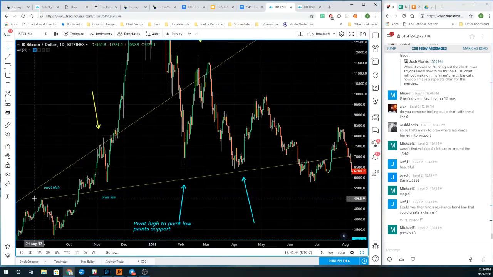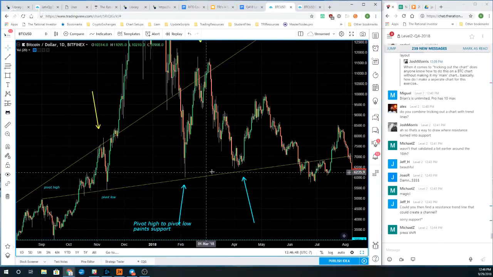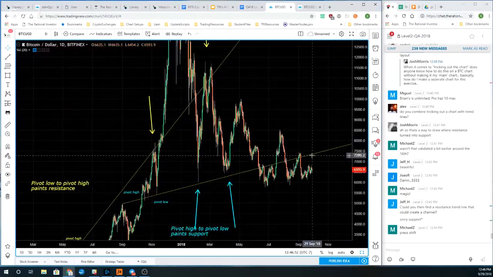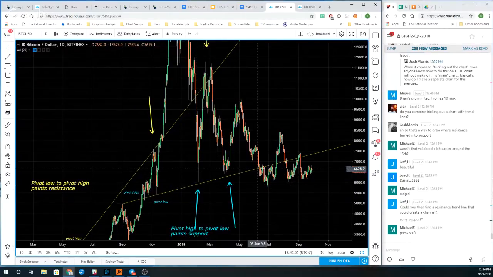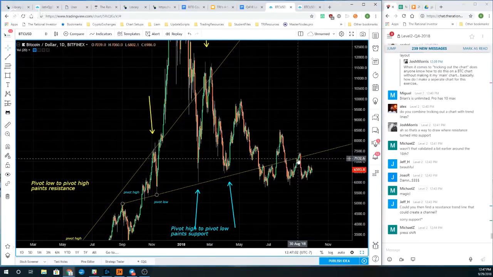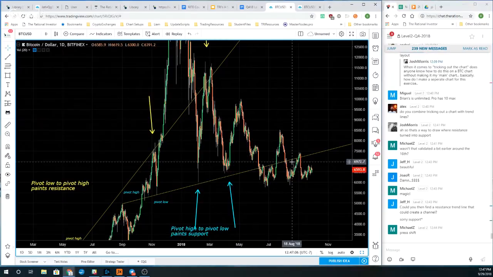And can you see how that pivot high, pivot low was a very significant level even to today? Support now becomes resistance, becomes support, becomes resistance. And you see how important that high to low trend line is.